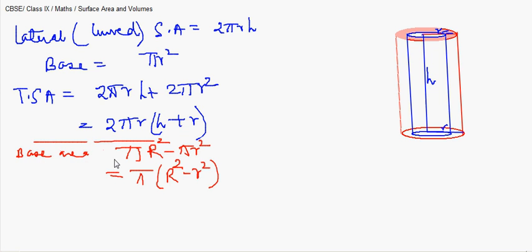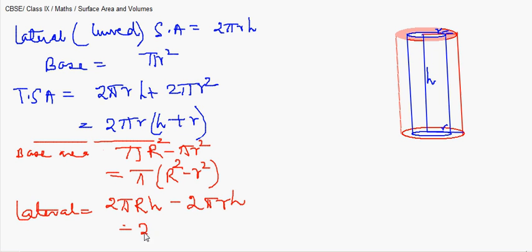What about the curved surface area then? Again, it will be on a similar tone. It will be the external surface area minus the internal surface area. I'll just write here, the lateral surface area will then be: the external surface area is calculated as 2 pi capital R H, as we have taken. So it is 2 pi RH minus 2 pi rH, and if I take 2 pi H common, R minus r will be left.